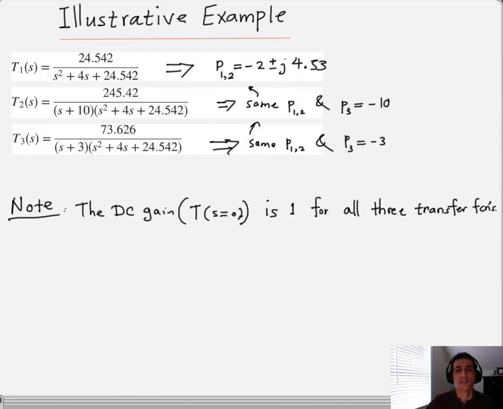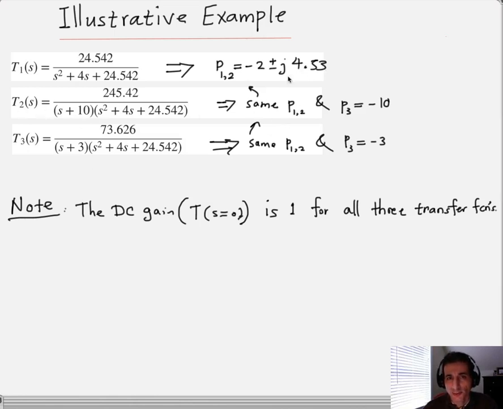Now this is an example. T1 of s is just a second order system. T2 of s is the same second order system, except that it has an extra pole at -10, and the third one has an extra pole at -3. The poles for T1 are just -2 plus minus j5.53.